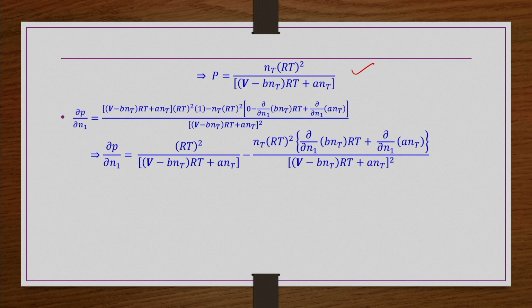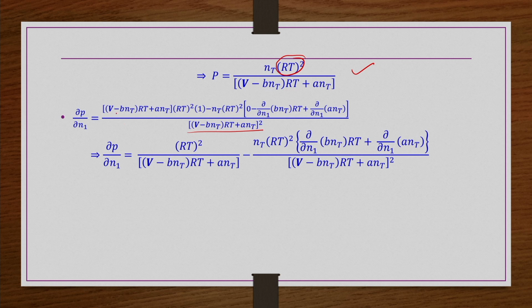Okay. So, here RT whole square is a kind of constant term that I can take as constant. So, NT by V minus B NT RT plus A NT, this one I have to differentiate. So, V minus B NT RT plus A NT whole square is as it is.